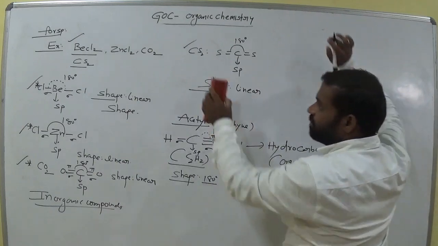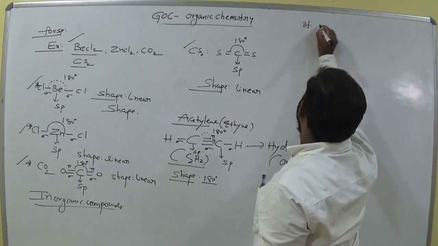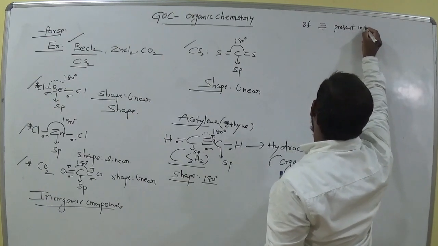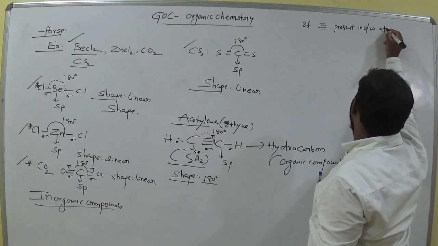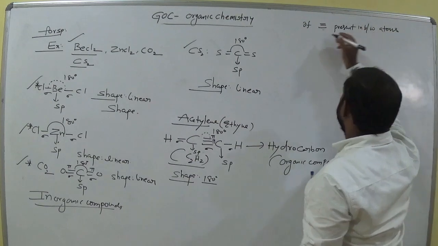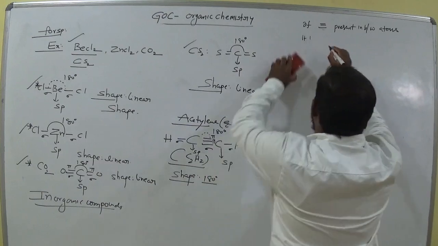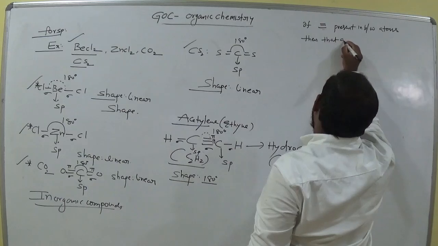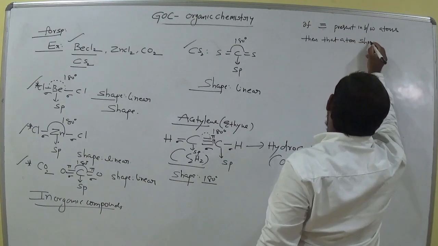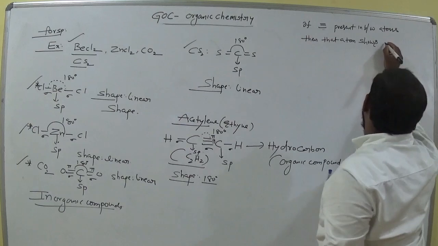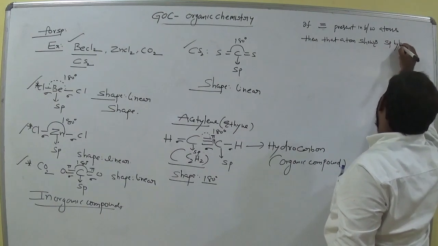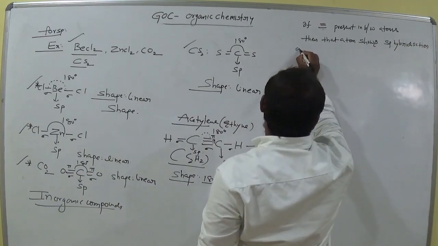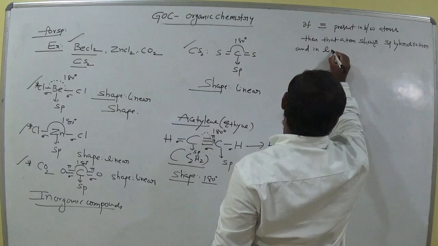So now here we must discuss organic compounds. If a triple bond is present in between atoms, then that atom shows sp hybridization and linear shape.